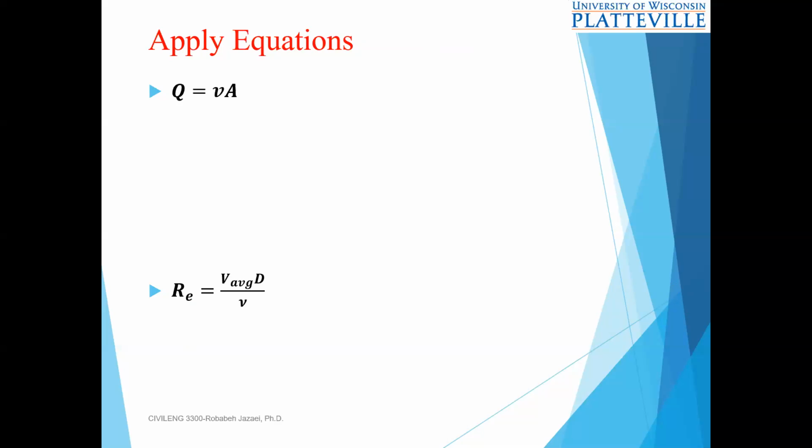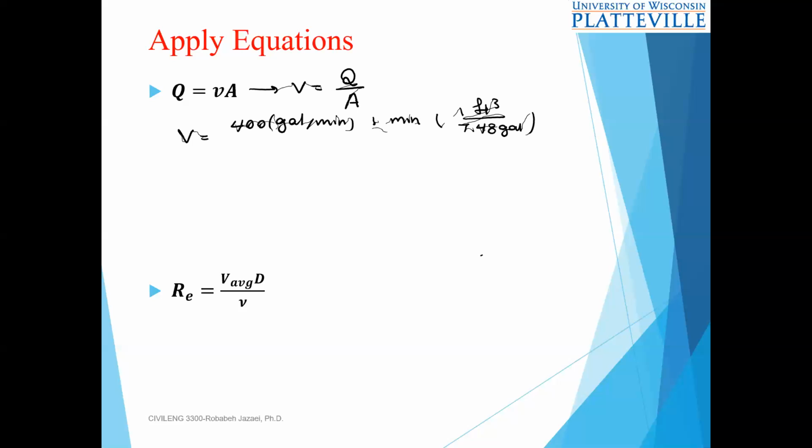V is Q over A. Velocity is 400 gallons per minute. Make sure you convert: 1 minute multiplied by 1 feet cubed per 7.48 gallons, divided by 60 seconds, over area.